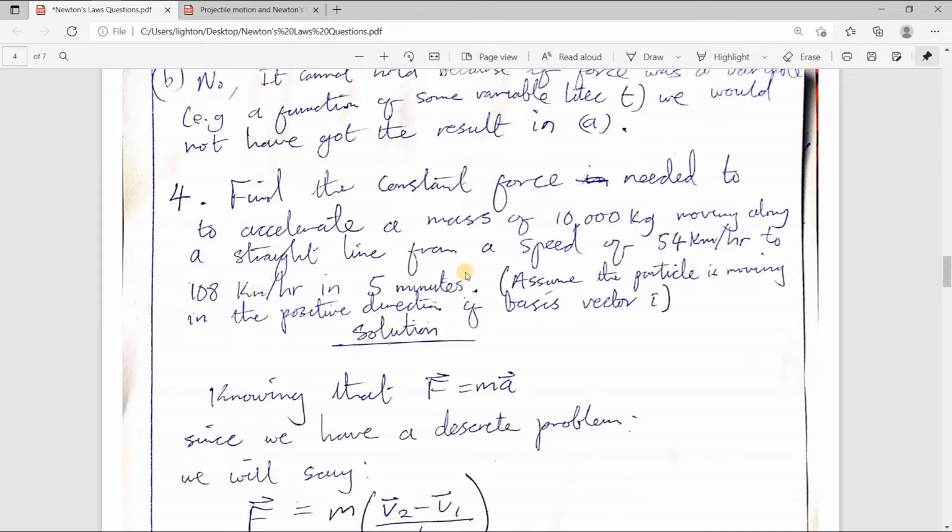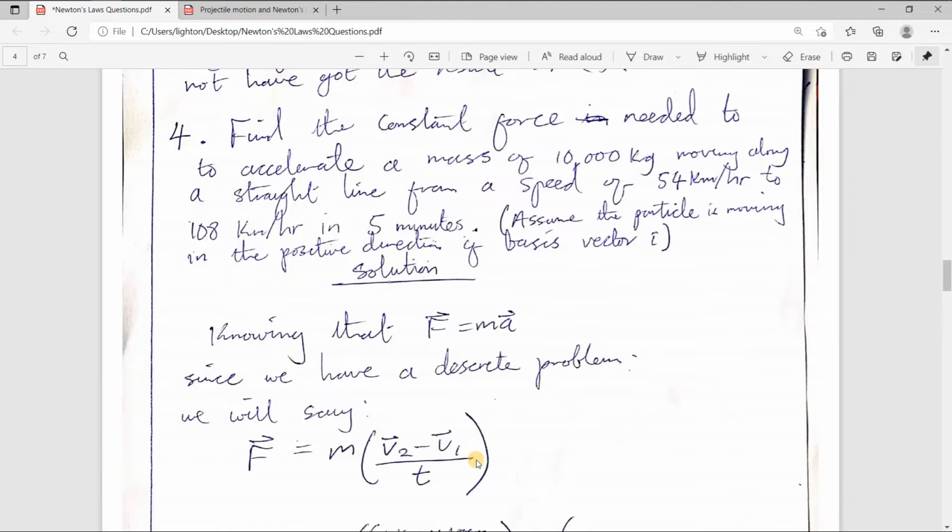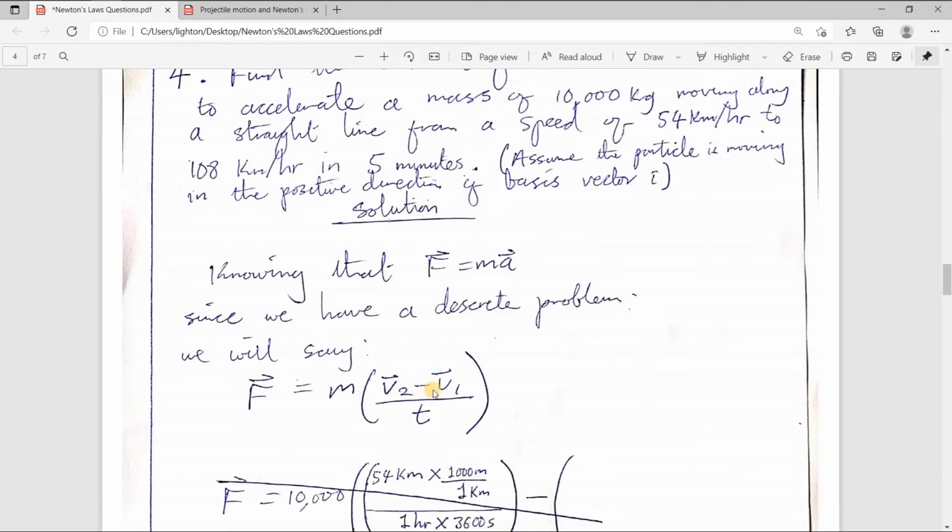So given the initial and final in 5 seconds, we're required to find the acceleration. We can find the acceleration just by saying v2 minus v1 over t. So this part in brackets is just acceleration, for a discrete problem.